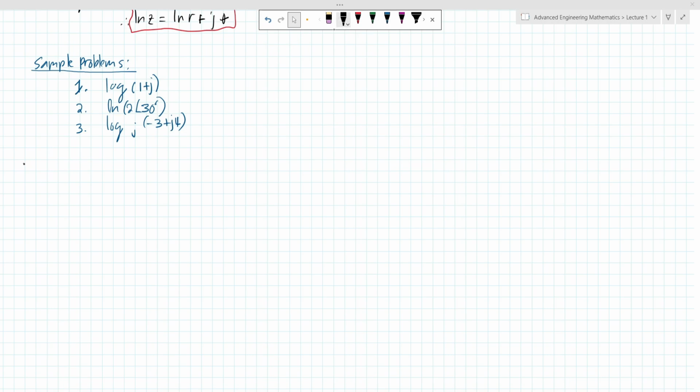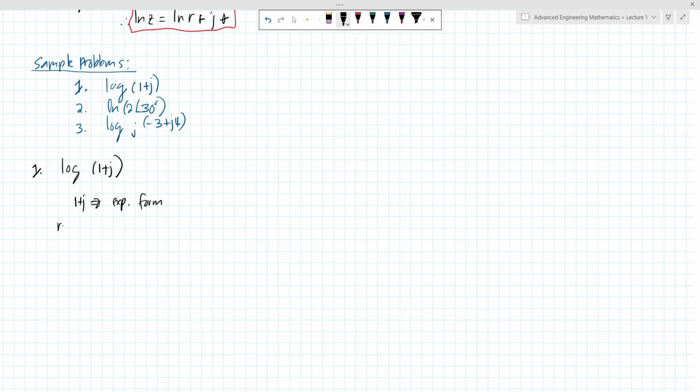So number one, the log of 1 plus j. Always remember, before you get the logarithm of the complex number, make sure that it is expressed in exponential form. So we have to write 1 plus j in exponential form.